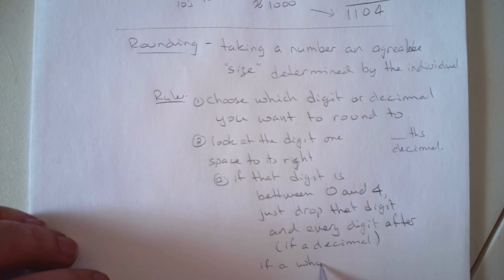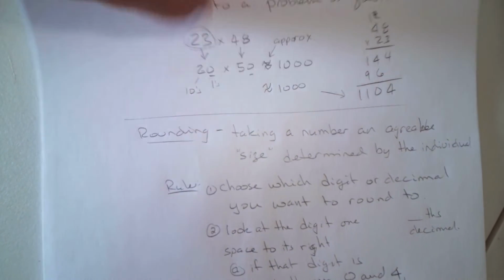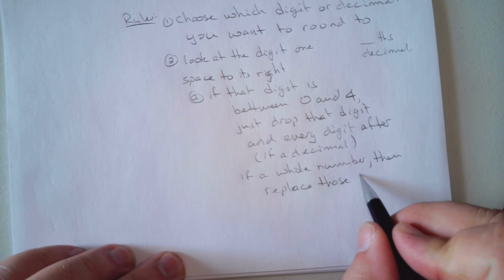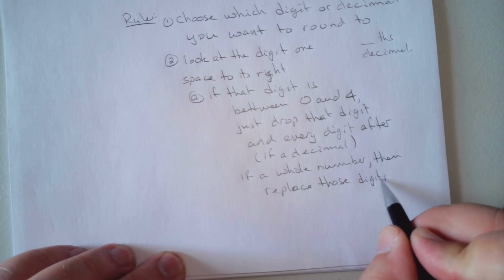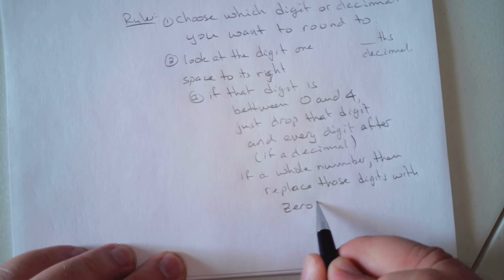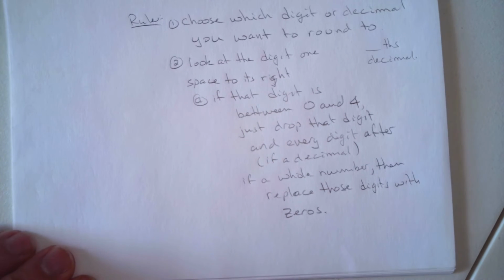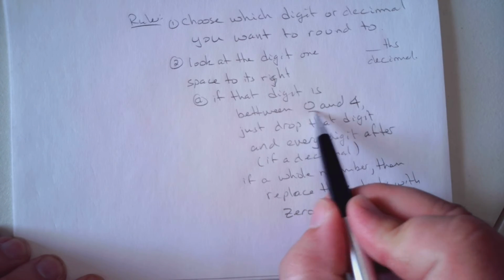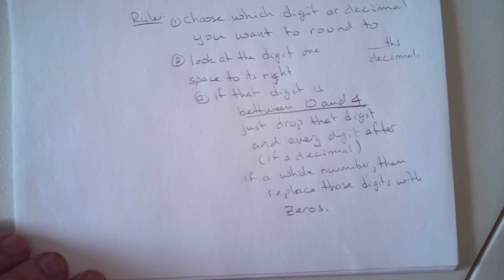If a whole number, then replace those digits with zeros. That's if it's between 0 and 4.